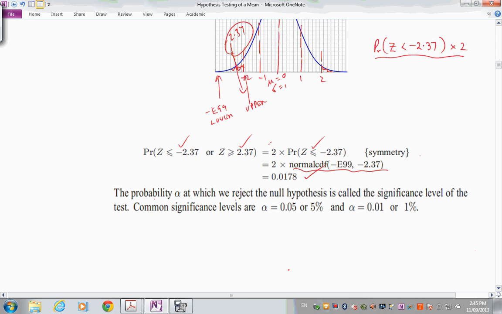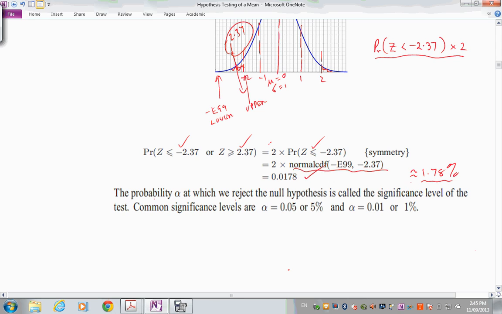It is very small. This is approximately a 1.78% chance that if they are correct with their mean of 39 grams for the whole population, then we've only got a 1.78% chance of going in and grabbing 10 and then being that far away.